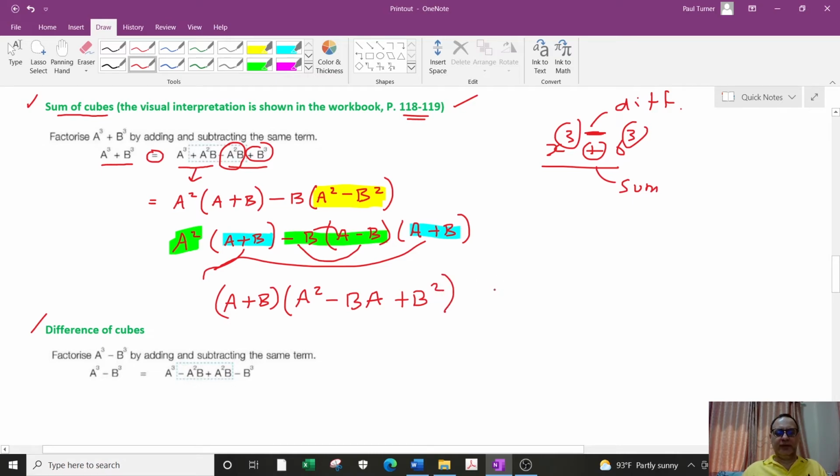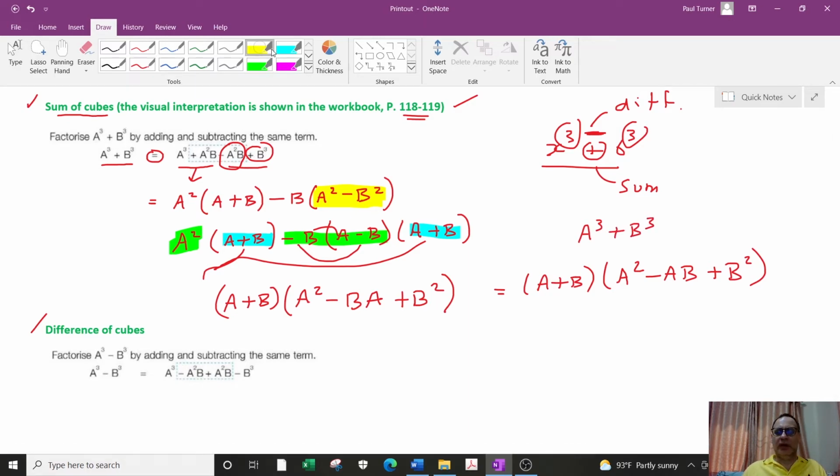So these are your factors. So we have a plus b, and we have a squared minus ab plus b squared. And that is a cubed plus b cubed. So we'll highlight that there. That's your rule. So a cubed plus b cubed is the same as a plus b times a squared minus ab plus b squared.